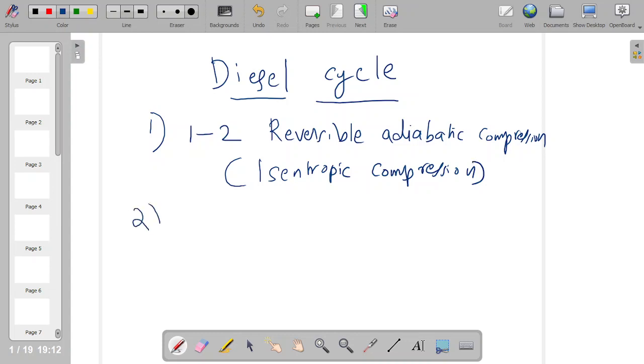Then the second process is heat addition. Remember, in the Otto cycle we have constant volume heat addition, but is it the same here also? No, because of how a diesel engine works. In a diesel engine, the heat is added by the injection of fuel by a fuel injector, not like a petrol engine where we add heat with the help of a spark plug, and that heat addition completes in a very short time.